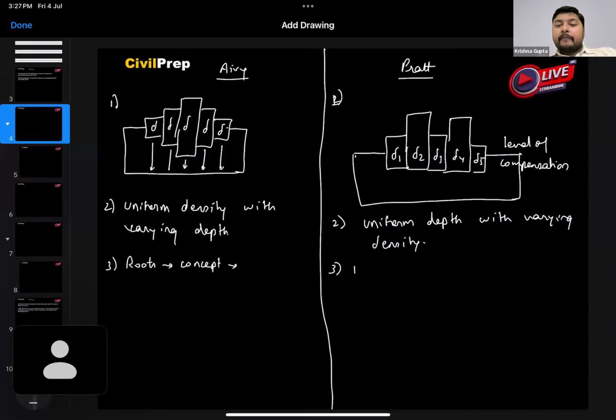As we'll see, Pratt rejected the root formation theory, or root formation concept, and he basically went forward with the concept of level of compensation.